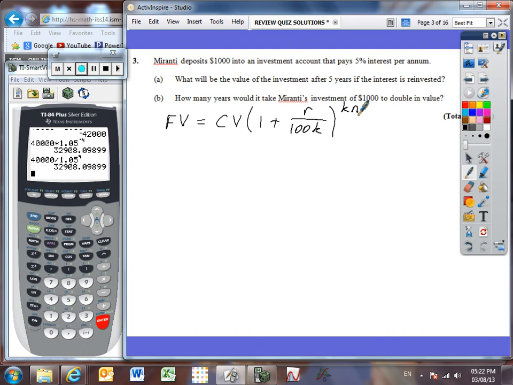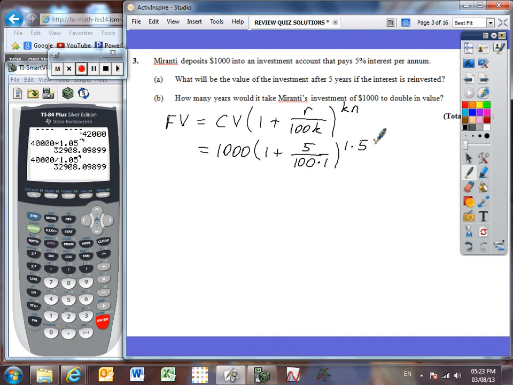Now let's substitute into the formula. It says what will be the value of the investment, so I'm looking for the future value. Our current value, the original deposit or the principal, is 1,000. We've got 5%, there's my 5 over 100 representing 5%. I'm only compounding once a year, so k is equal to 1, and I'm doing this for 5 years.